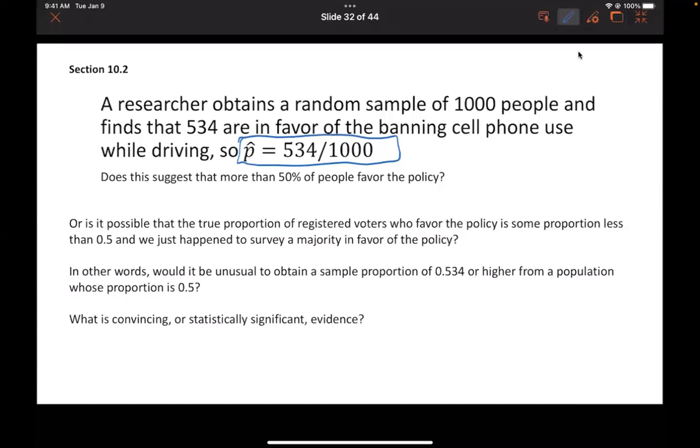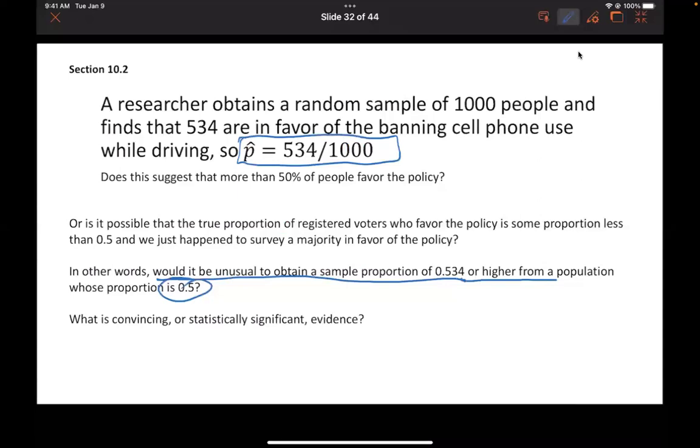Or is it possible that the true proportion is less than 50%, and we just happened to survey a majority in favor of the policy? So would it be unusual to obtain a sample proportion of 0.534 or higher from a population whose proportion is 0.5?